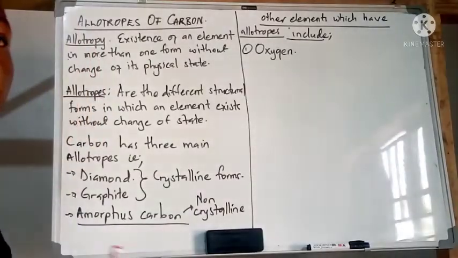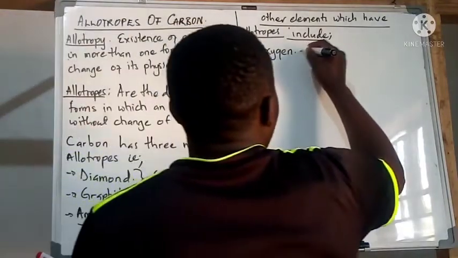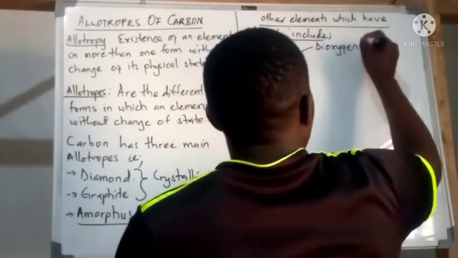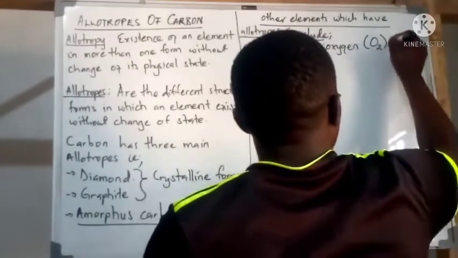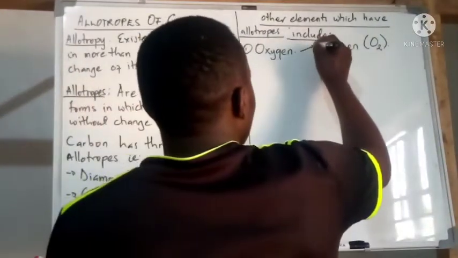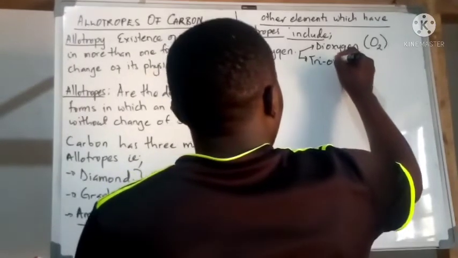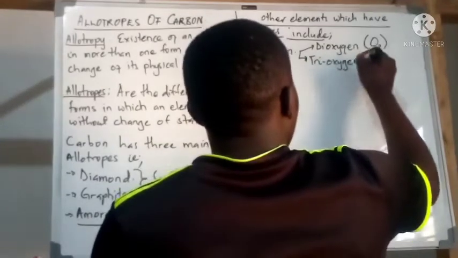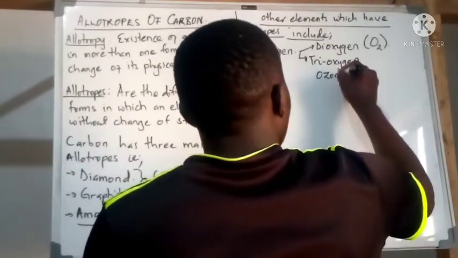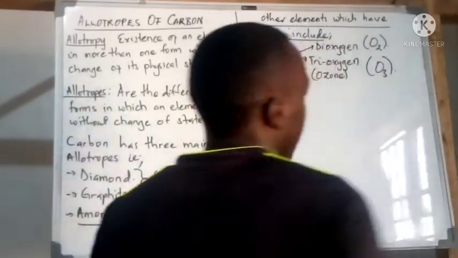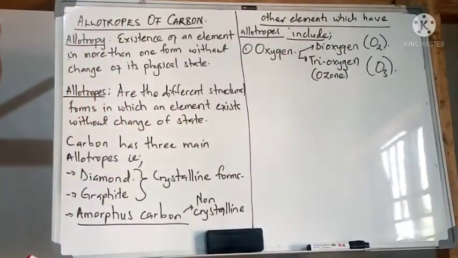Oxygen is going to show us two allotropes: dioxygen, the one we breathe in, and trioxygen, commonly known as ozone. This one is O3. It forms the ozone layer.